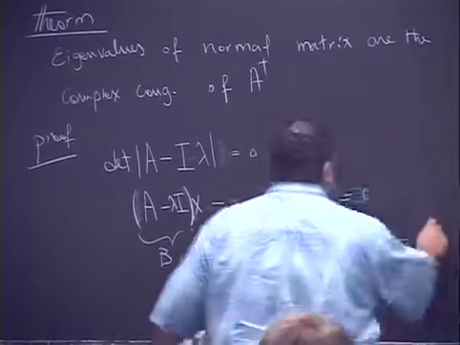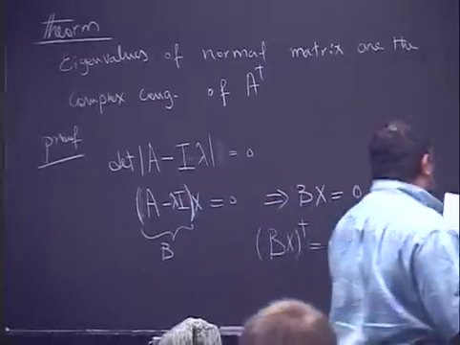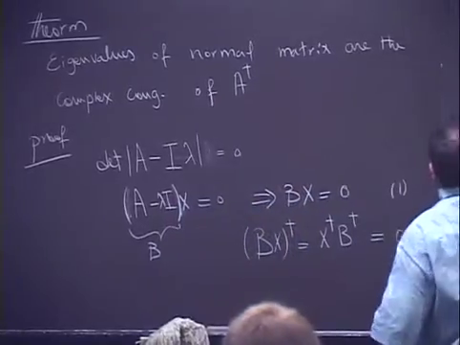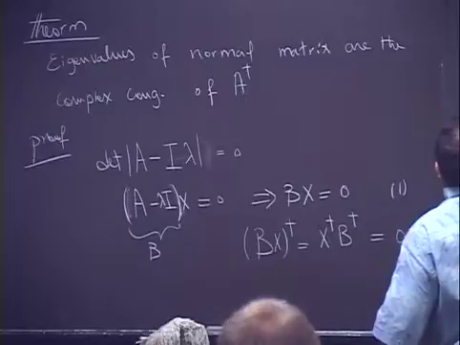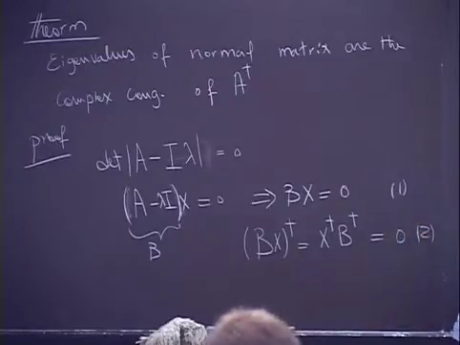Let's call this equation 1 and this equation 2, and then multiply equation 1 and equation 2 together.